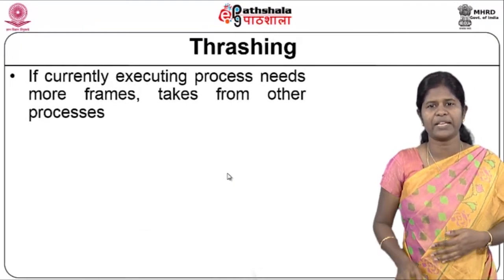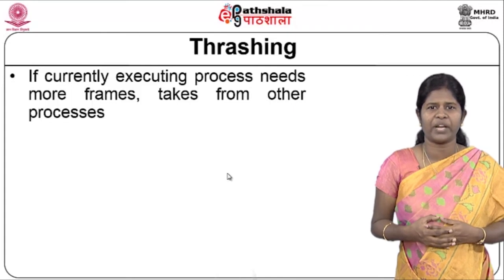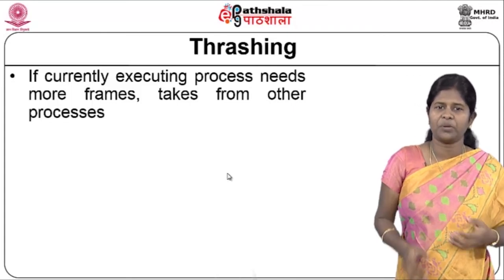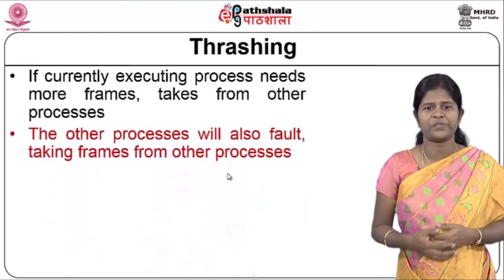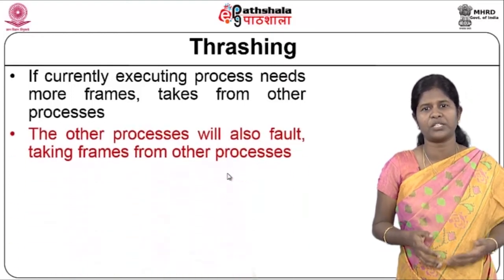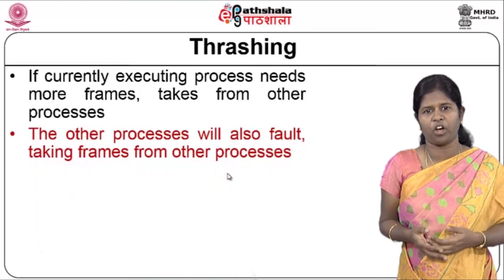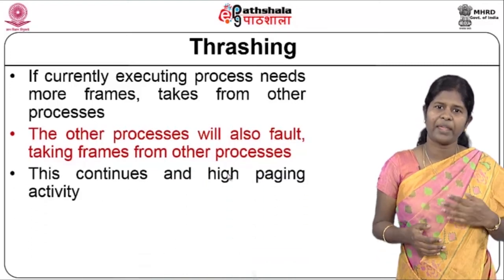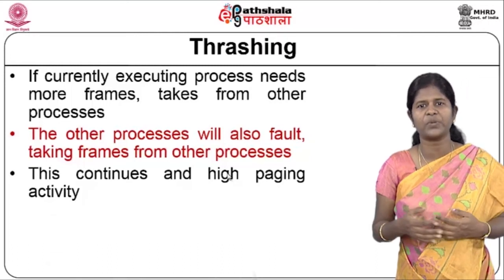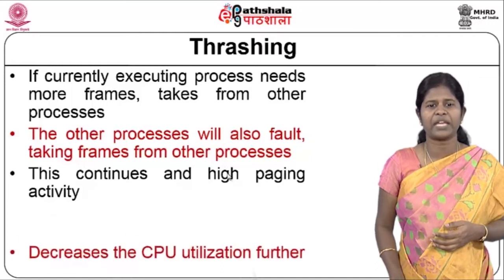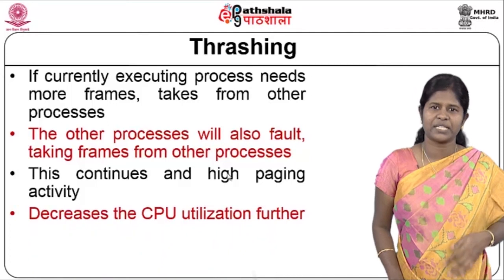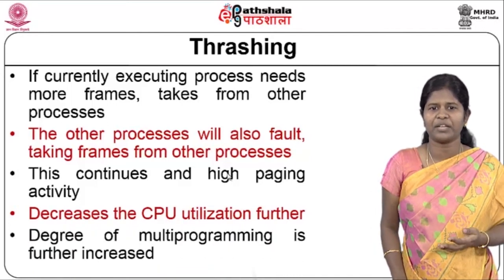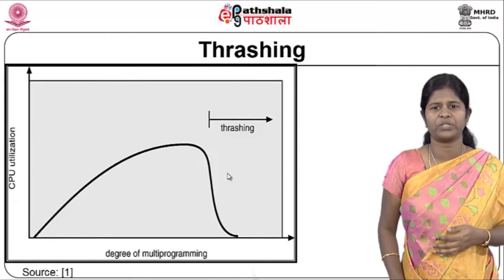So, if the currently executing process needs more frames, and if global replacement is allowed, it will take frames from other processes. When it takes from other processes, those processes will also fault, and that in turn will take frames from some other processes, and those processes will also fault, and this will continue. High paging activity happens, it decreases CPU utilization further, and the degree of multiprogramming is further increased, and this leads to thrashing.